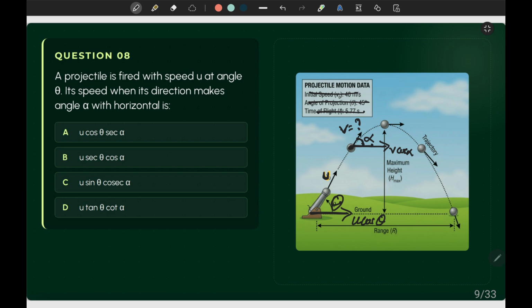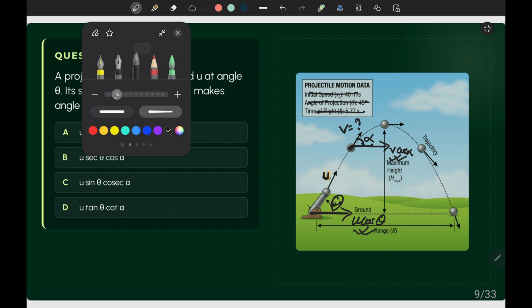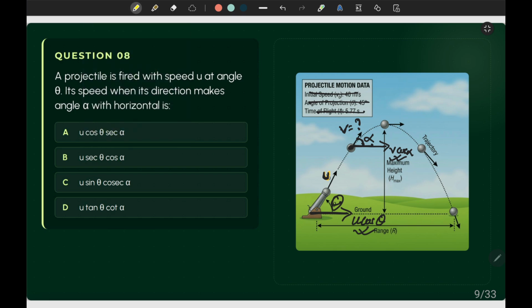By the concept of projectile motion, both of these quantities must be the same, because in projectile motion there is no force in the horizontal direction, so the horizontal component at all points will be the same.